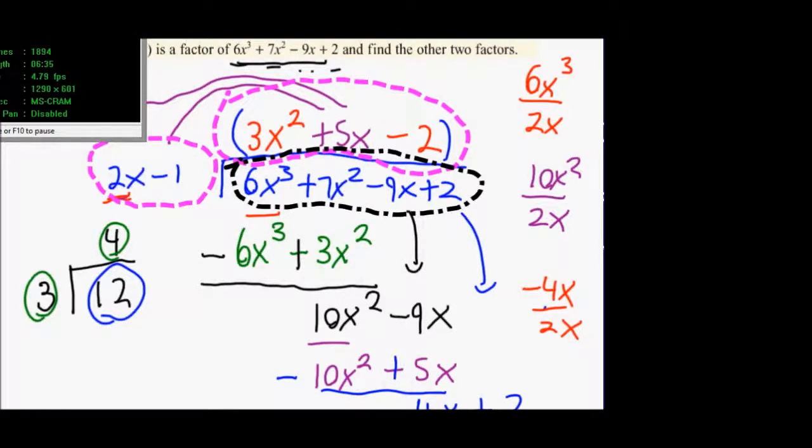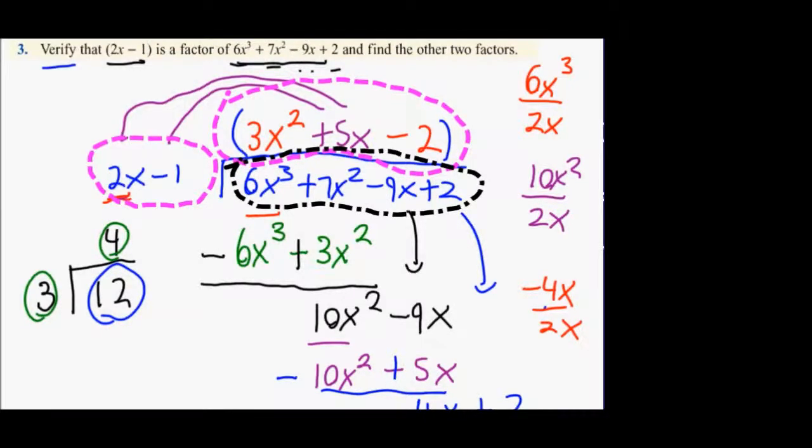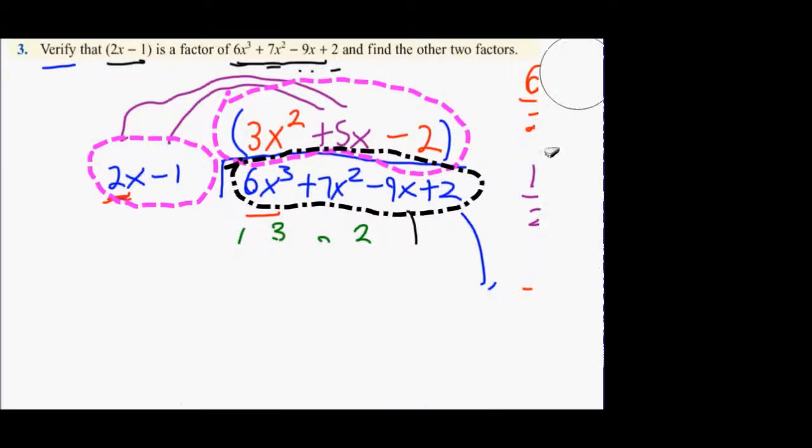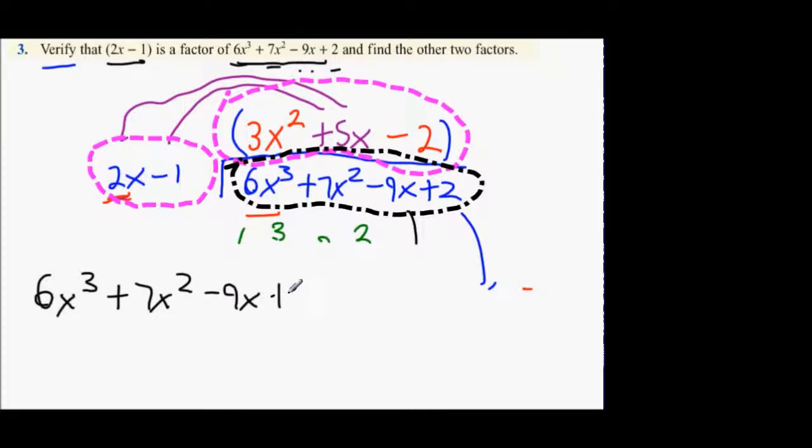What I'm trying to explain here is the following. This here, which is 6x cubed plus 7x squared minus 9x plus 2, equals two things now.